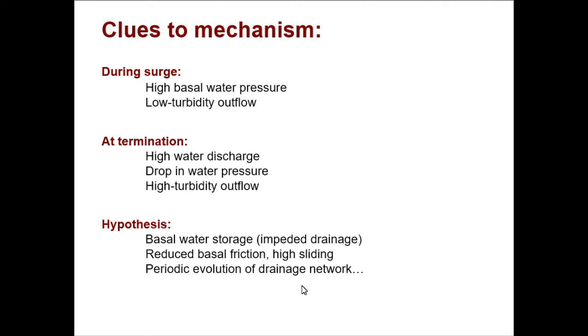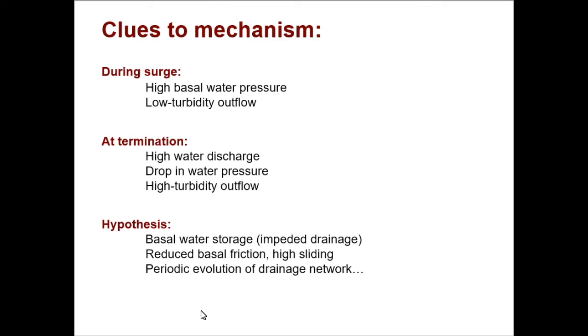And so the hypothesis that emerges from that is that there's a periodic evolution of the drainage network, whereby at some periods meltwater can escape very easily, perhaps through a tunnel or channelized system, and at other times the overburden pressure of ice perhaps crushes down that channel system and reduces the subglacial hydrology to a linked cavity system.